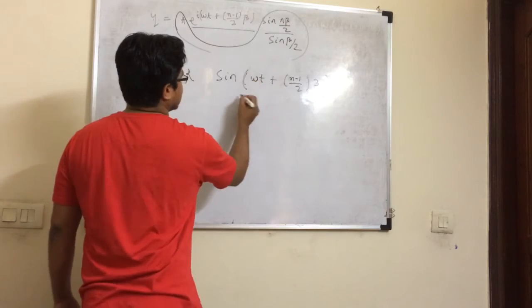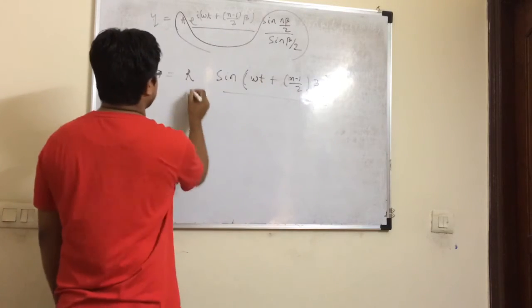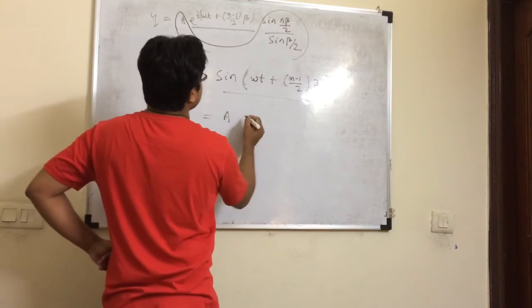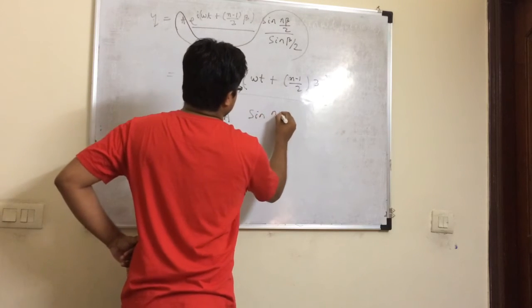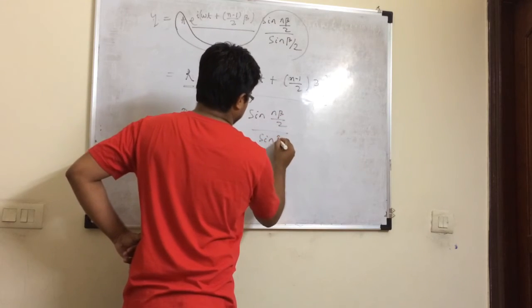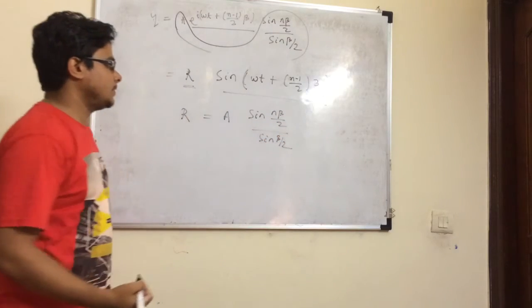So this is the oscillatory function, and this r stands for a sine n beta by 2 divided by sine beta by 2.